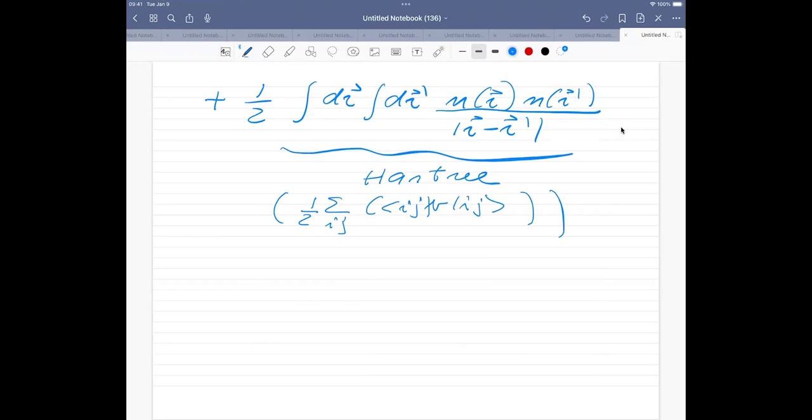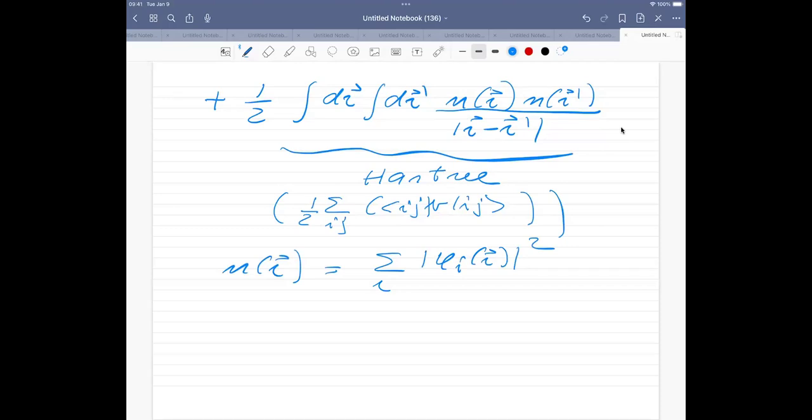So here we are assuming that this density, n of r, is just given by this sum over all the particles up to the Fermi level of psi of I, the single particle wave functions squared. So here we've made an approximation to the one-body density.